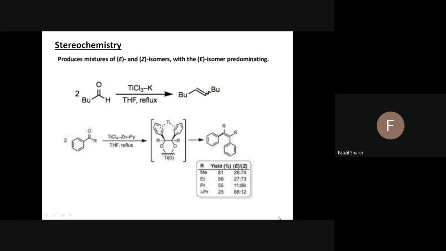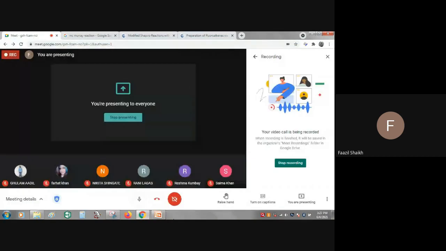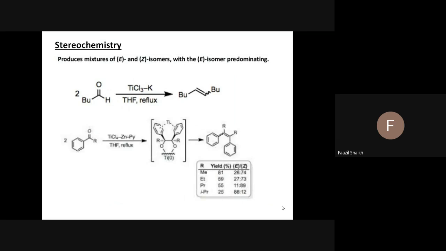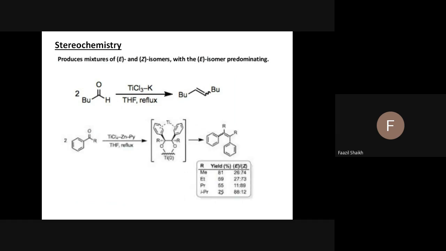If R is a big group, suppose a propyl group, what can we say? There is a bigger group, or we can say a bulky group. So the yield is decreased and the ratio of Z is also changed, about 89%.